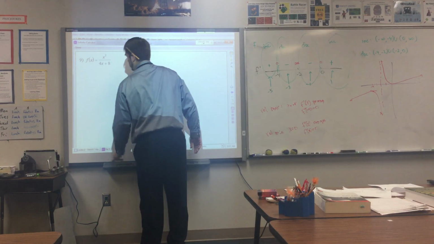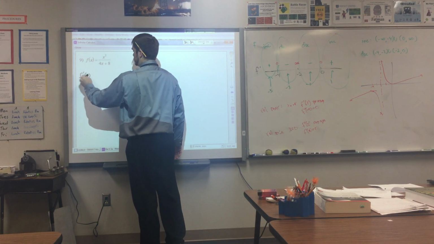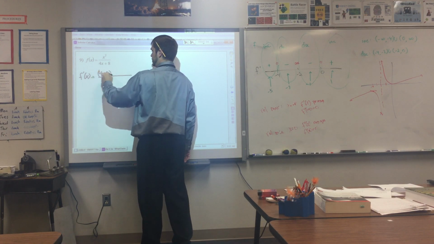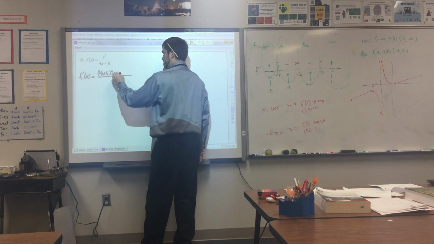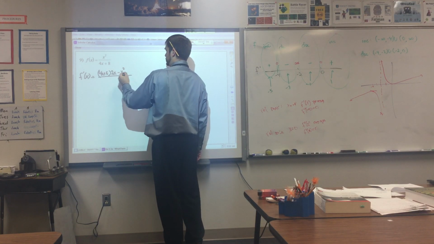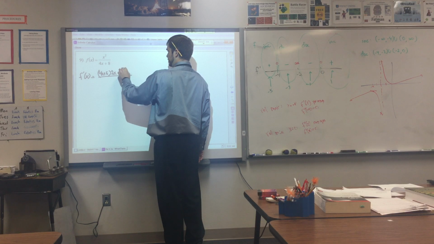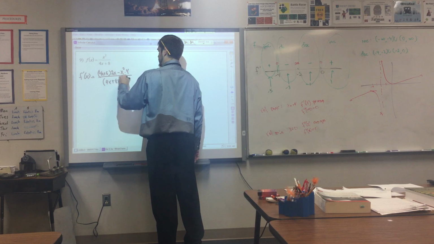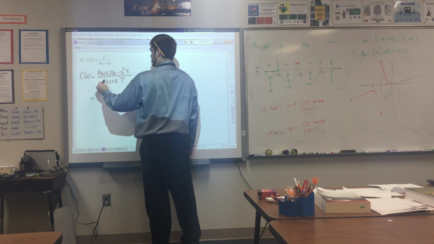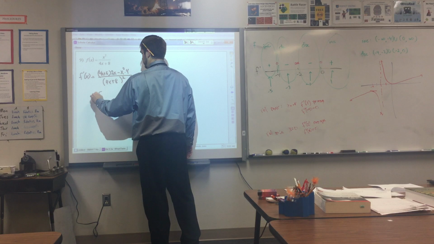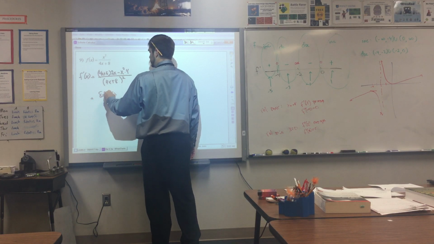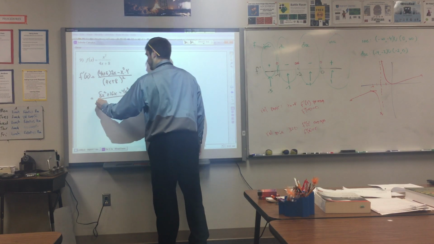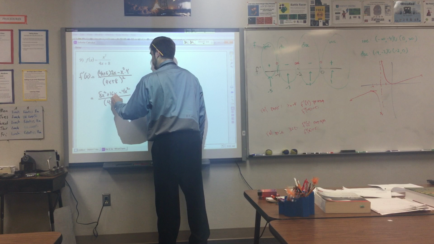So first derivative, low d high: 4x plus 8, d high, 2x, minus high, squared, d low, over low squared we go. So 4x plus 8 squared. Distribute the 2, so we have 8x squared plus 16x minus 4x squared all over 4x plus 8 squared.